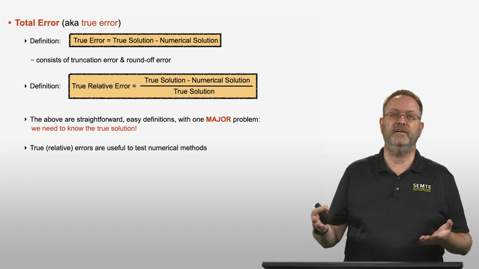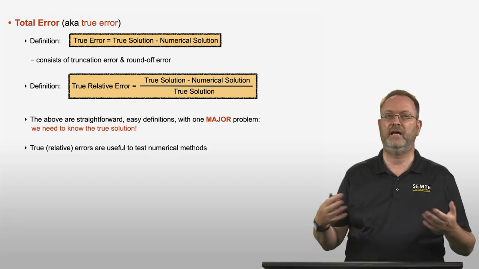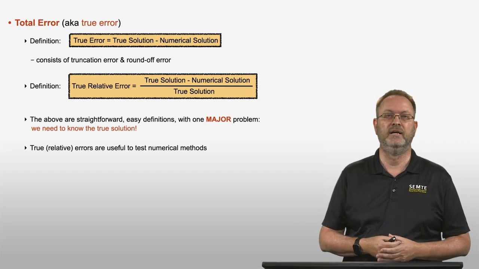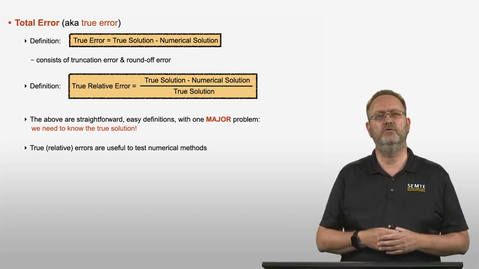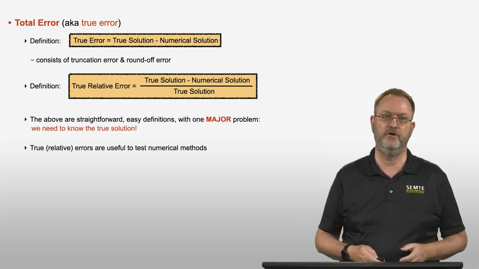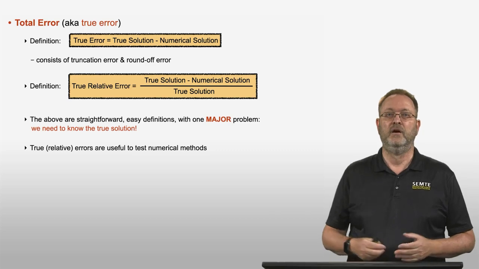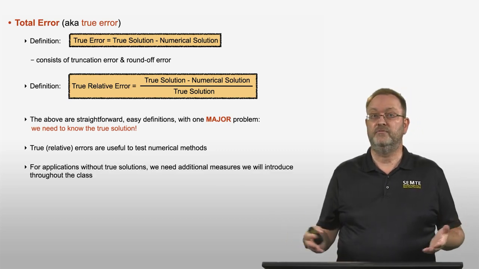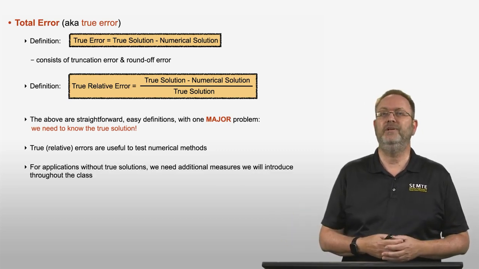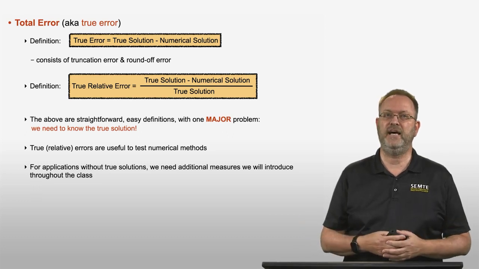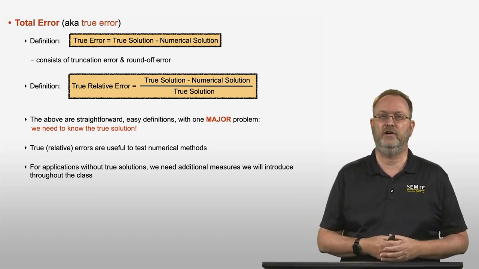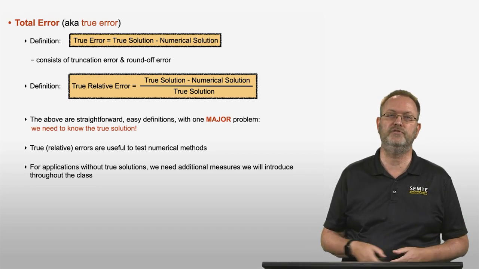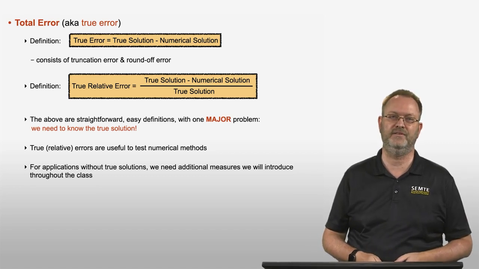So therefore, these definitions of a true error or a true relative error, they're typically only useful if we want to test our numerical methods. For applications without true solutions, we will need additional measures that quantify the quality of our solution. And we will introduce those throughout the semester in this class.